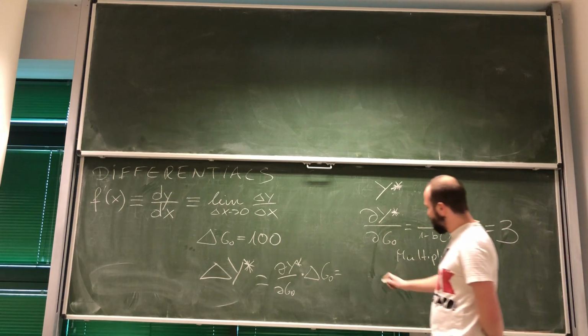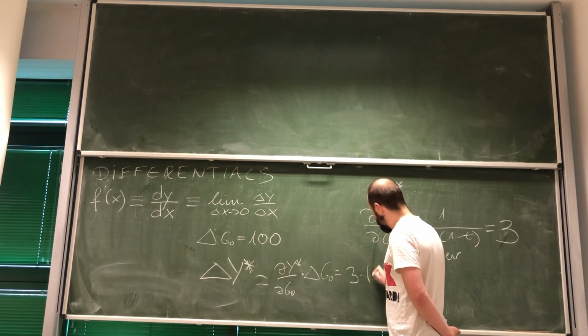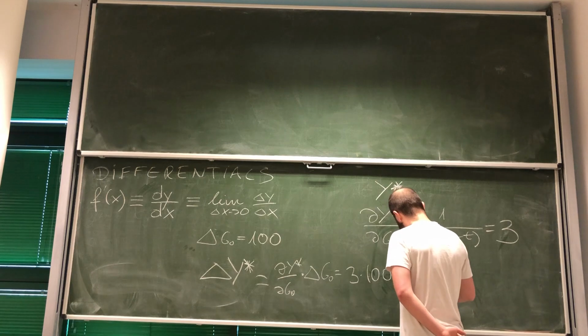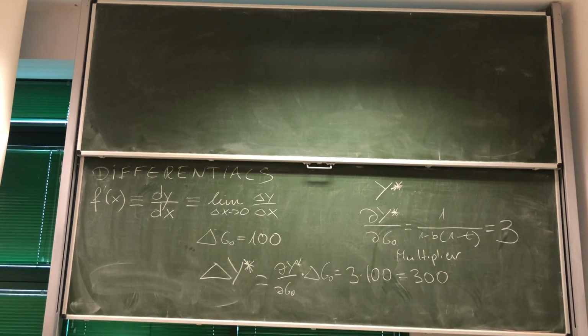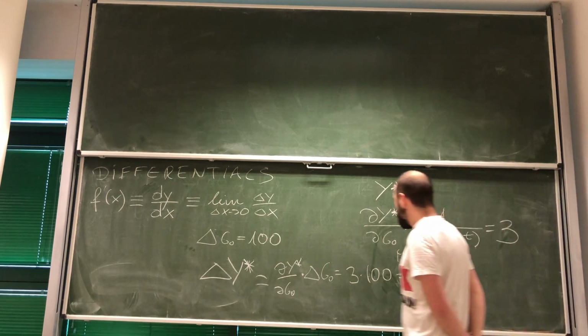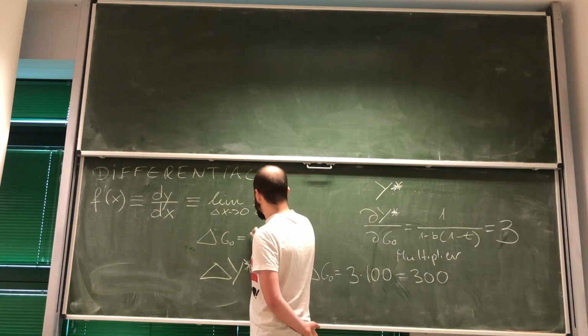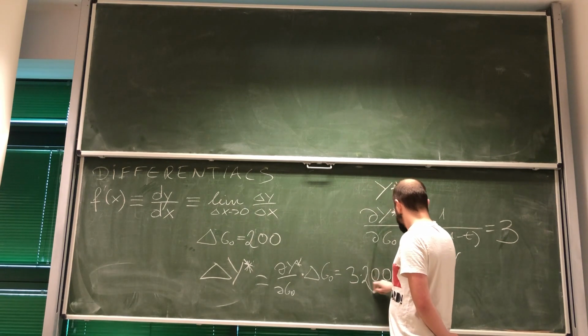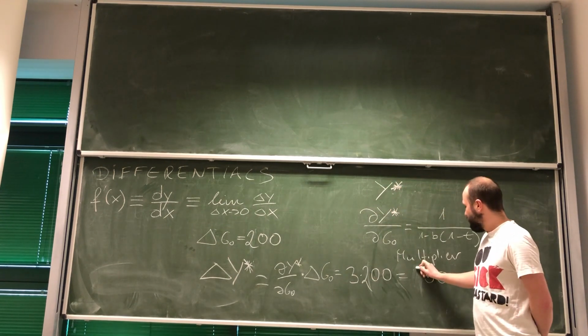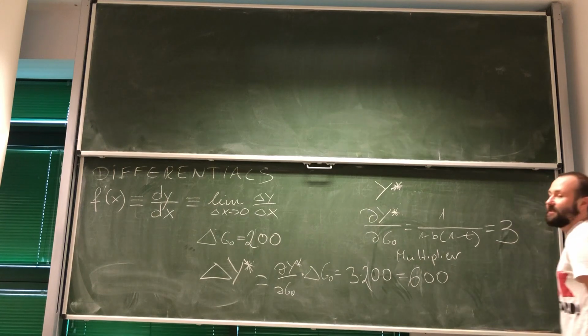So in our case, that would be 3 times 100, or 300. And of course, we would get that if government increases spending by 200, equilibrium GDP would rise by 600.